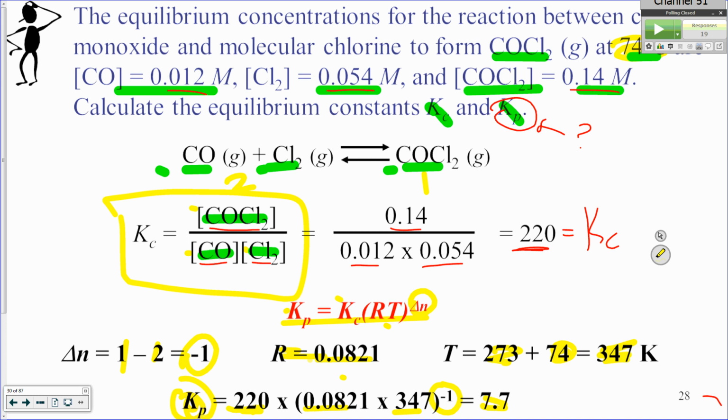I'm going to hit you for one of them. It's not like I promise you it's going to be one of them. The key thing is to recognize this is a system where I need to relate a gas to the concentration. And this is the equation that we use for that. It's recognizing that, and then you just crank through it.